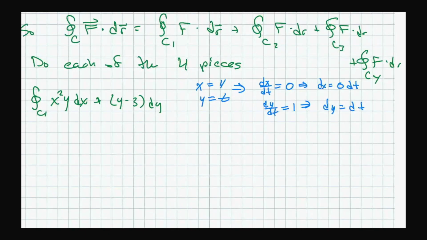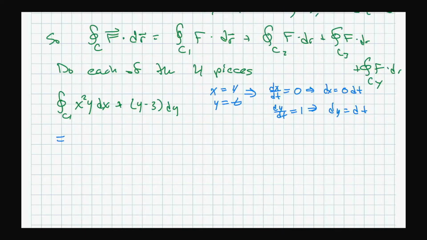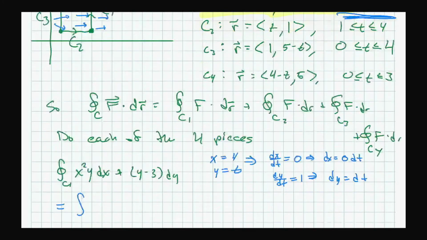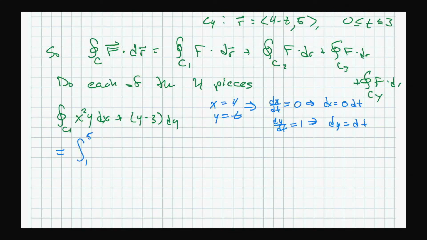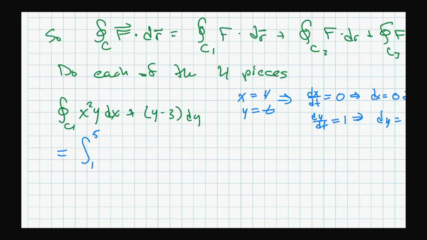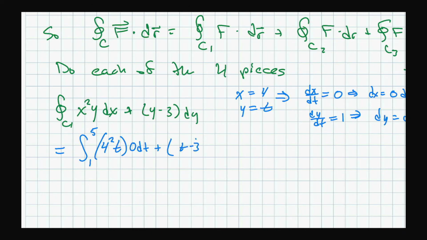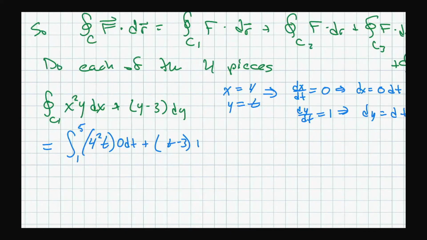Then if you set up this integral, the limits of integration are going to be 1 and 5 for C1. You're going to plug your 4 and your t in for everything. So we have 4 squared t dx, which is 0 dt, plus y minus 3, y is t, so t minus 3 dy, and dy is just dt.